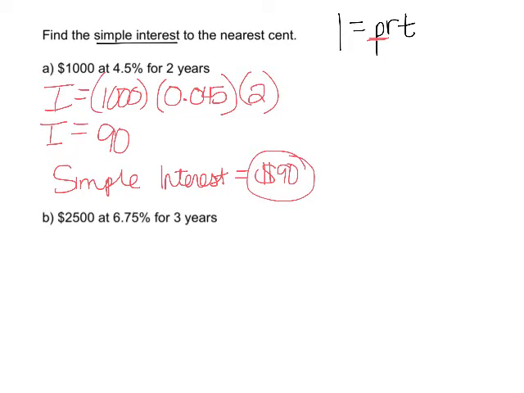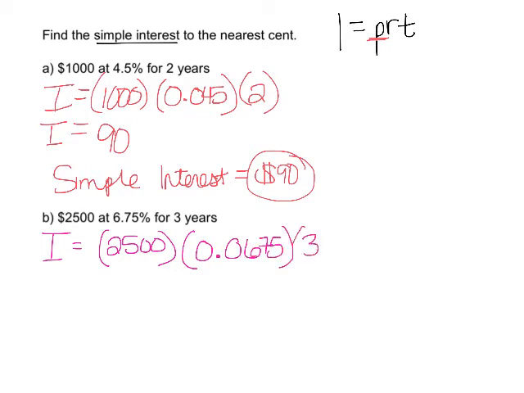So we have that I equals my principal of $2,500 at, the decimal is 0.0675 times 3. And when I multiply that together, I'm going to get that the interest equals $506.25.